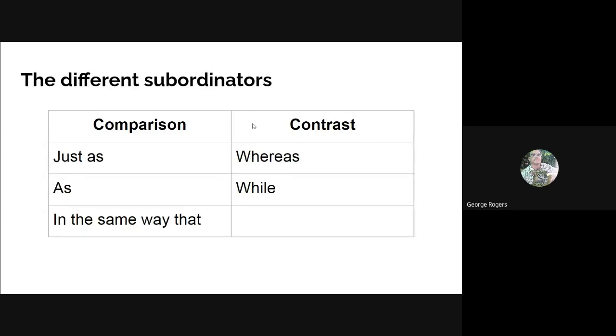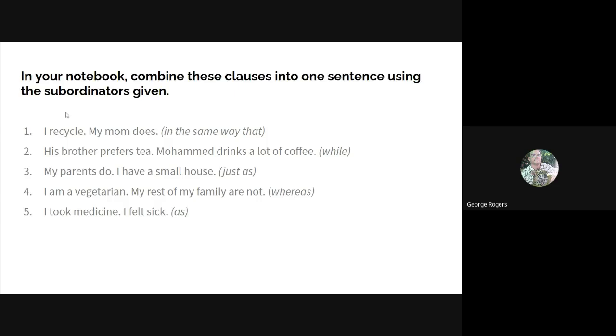Let's look at some examples. In your notebook, combine these clauses into one sentence using the subordinator. Subordinators are always one sentence. We got to use this one. So, I recycle, my mom does.